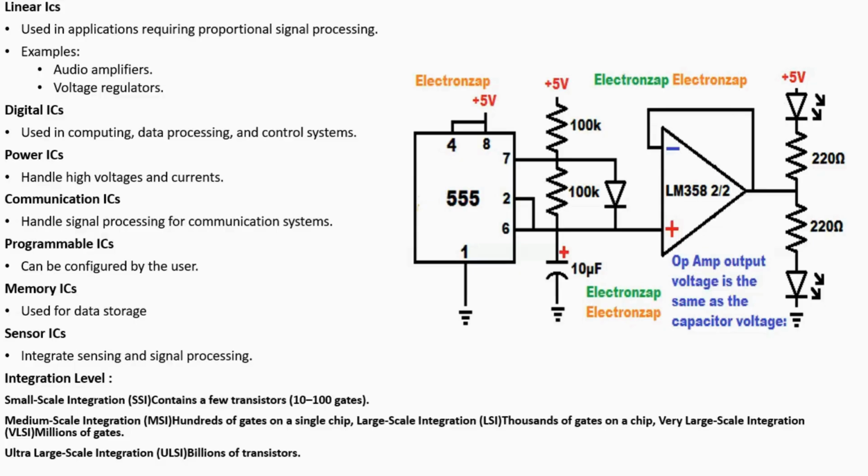Then came the medium scale integration, MSI, where hundreds of gates or a simple chip on a single chip, right? Or transistors we use. Then came the large scale integration, LSI, thousands of gates, correct? Thousands of gates and transistors. After that came what exists now, mostly in microcontrollers or microprocessors, which we call very large scale integration, that is VLSI.